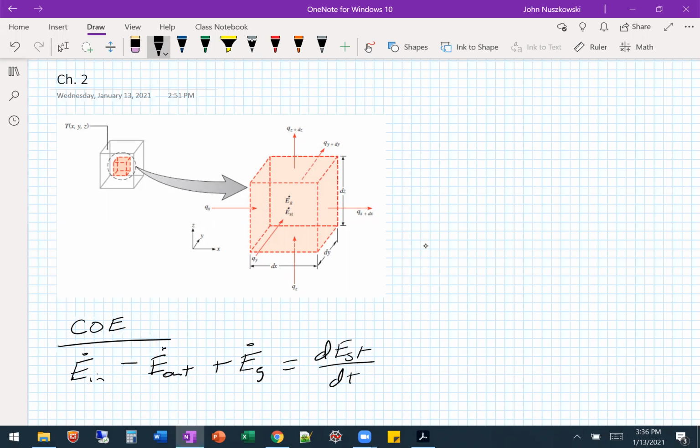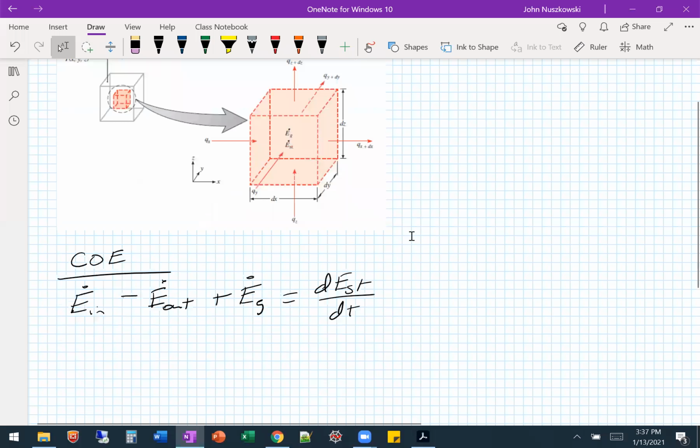All right, so we have our conservation of energy. What do we think our terms are, the energy in and energy out? Q_x, q_y, q_z are all in, and then q_x plus dx and so on are out. Yep.